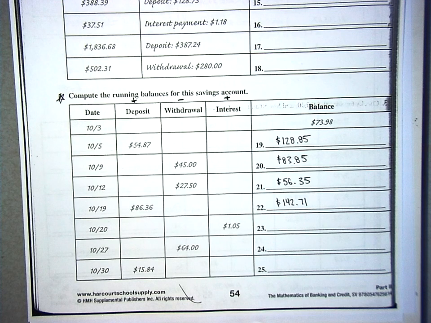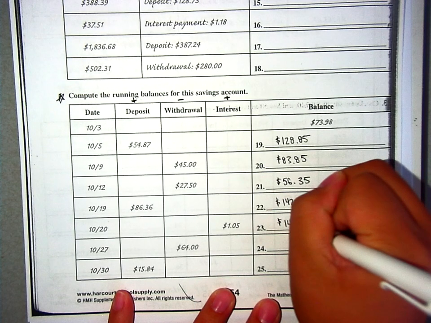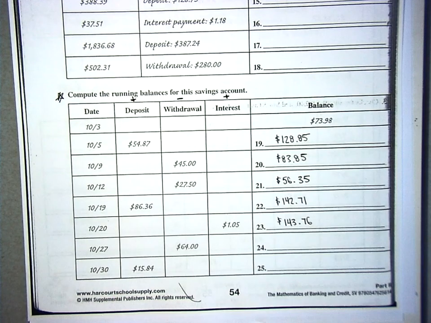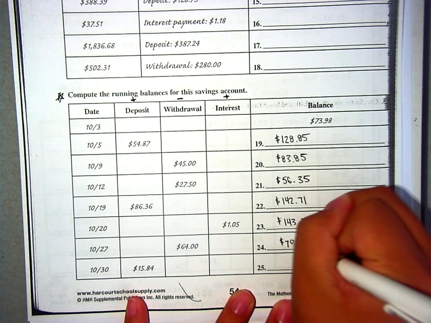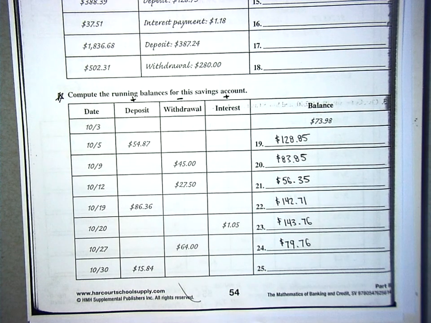So when we collect it, we're adding it to our account. On October 27th, we withdrew $64. On October 30th, we deposited $15.84.